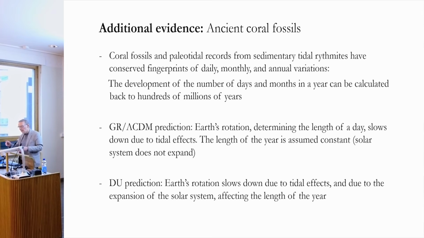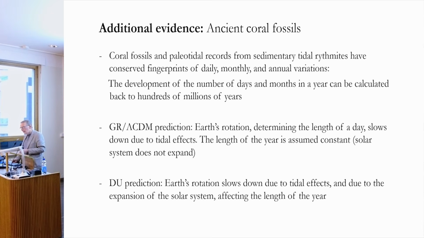And it turned out that understanding the observed development of the number of days necessarily requires a change in the length of the year, which requires that the local system, the solar system, is expanding with the expansion of space.